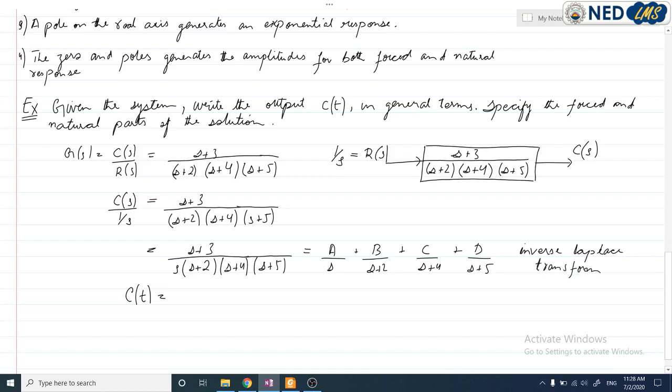So we can write our output response as A plus B e to the power minus 2t, because this s plus 2 term will become this exponential term, and similarly C e to the power minus 4t and D e to the power minus 5t, u of t.